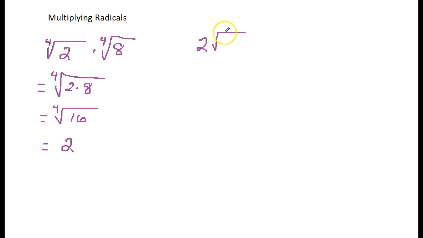We have cube root of 2xy squared. And you notice we can't take a cube root of any of those. But it's being multiplied times the cube root of 4x squared y to the 5th.